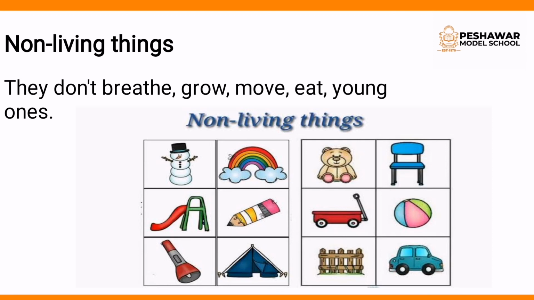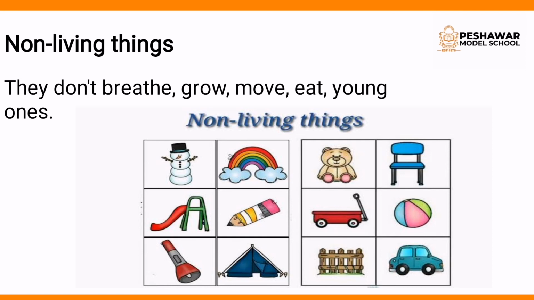You can see in the picture many non-living things like the chair, the teddy bear, the rainbow, the snowman, the slide, pencil, torch, tent, ball, cart, the grill and the car. These are all non-living things because they cannot breathe, and they cannot grow.